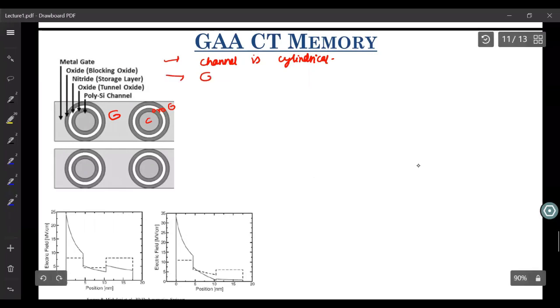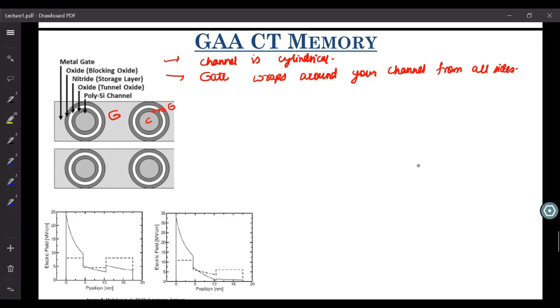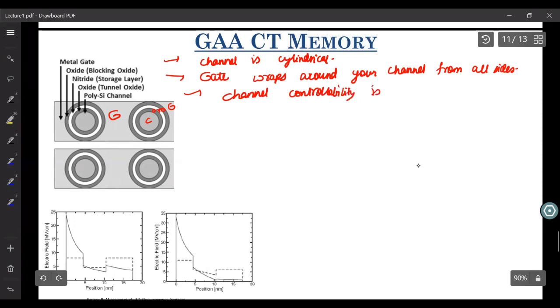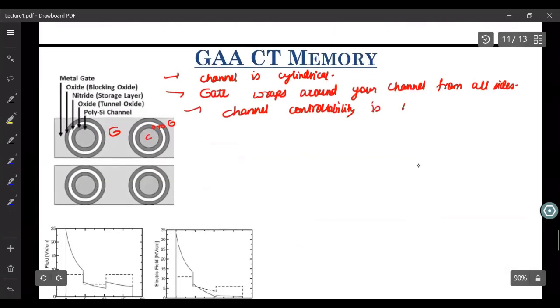Then your gate kind of wraps around your channel from all sides. So if the gate is wrapping around from all sides and not only present at the top, what this means is that your channel controllability is improved significantly.